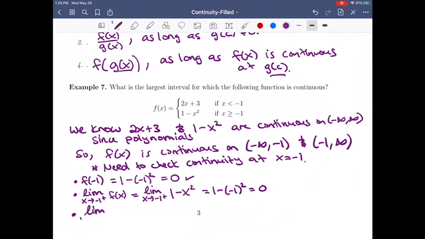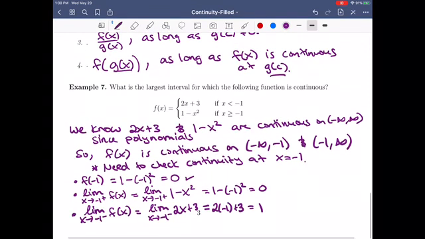Now, when I approach from the left, I'm slightly less than -1. So I have to use the formula 2x plus 3, which means it's 2 times -1 plus 3. That's -2 plus 3, that's 1. Because these are different, the limit as we go to -1 of f of x does not exist.